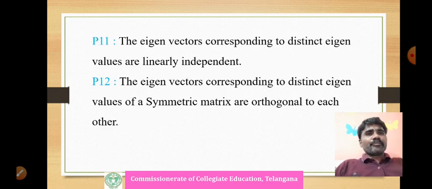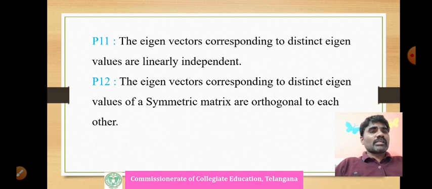And another property: the eigenvectors corresponding to distinct eigenvalues are always linearly independent. Coming to the symmetric matrix, the eigenvectors are orthogonal to each other, and every orthogonal set is linearly independent.